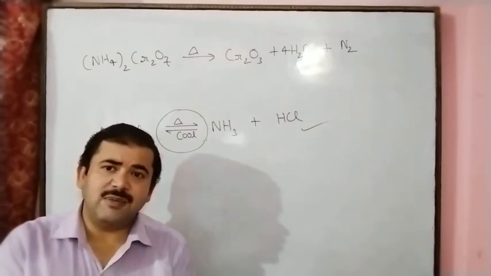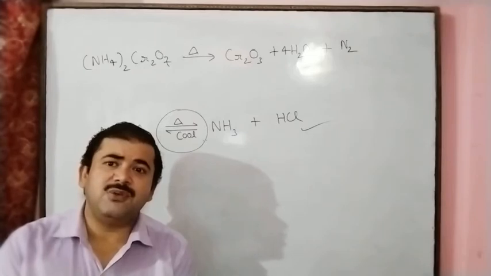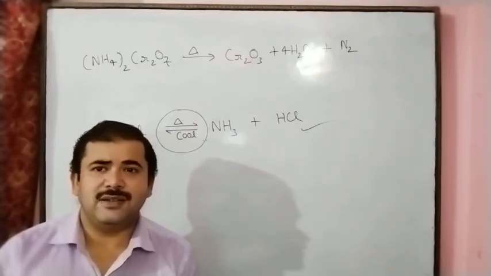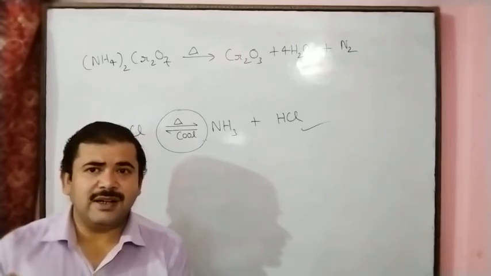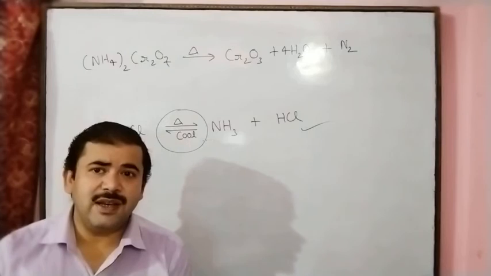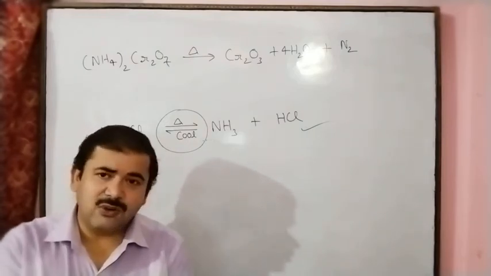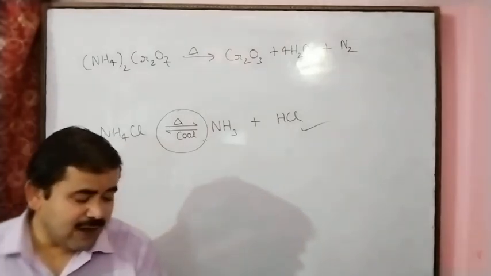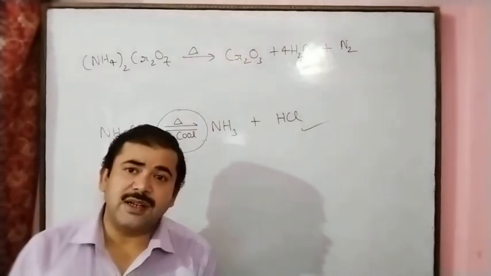So this decomposition reaction takes place due to the presence of electric current. If electric current is required for the decomposition of the substance, we will say electrolytic decomposition reaction.